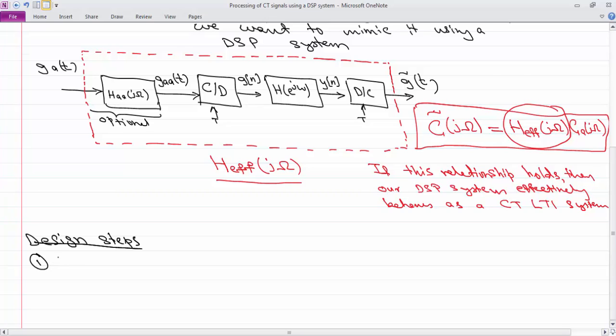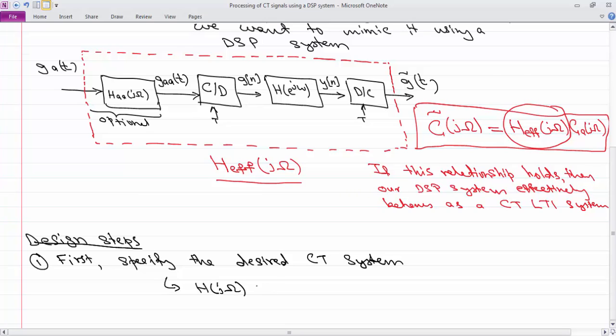So someone first comes and specifies the desired continuous time system. So it could be specified through the Fourier domain frequency response or the time domain impulse response.